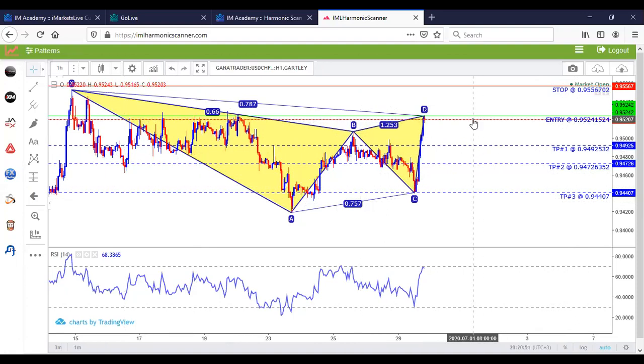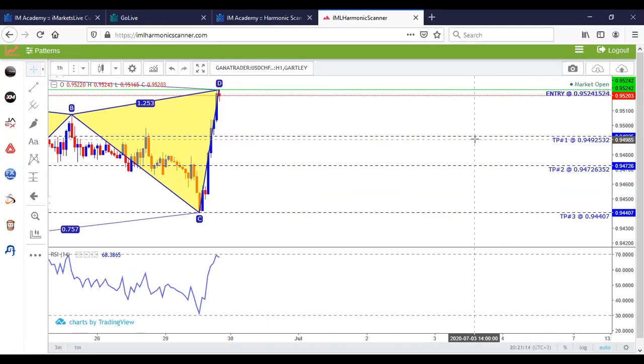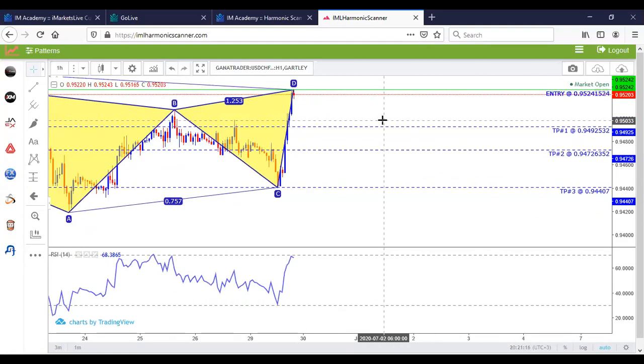It's recommended that you don't just come to the harmonic scanner, go to your MT4, put in this TP and the stop loss. I would recommend that you attend one of the trainings by our mentor, Randy, who teaches very well on the harmonic scanner, the most profitable way of using it.